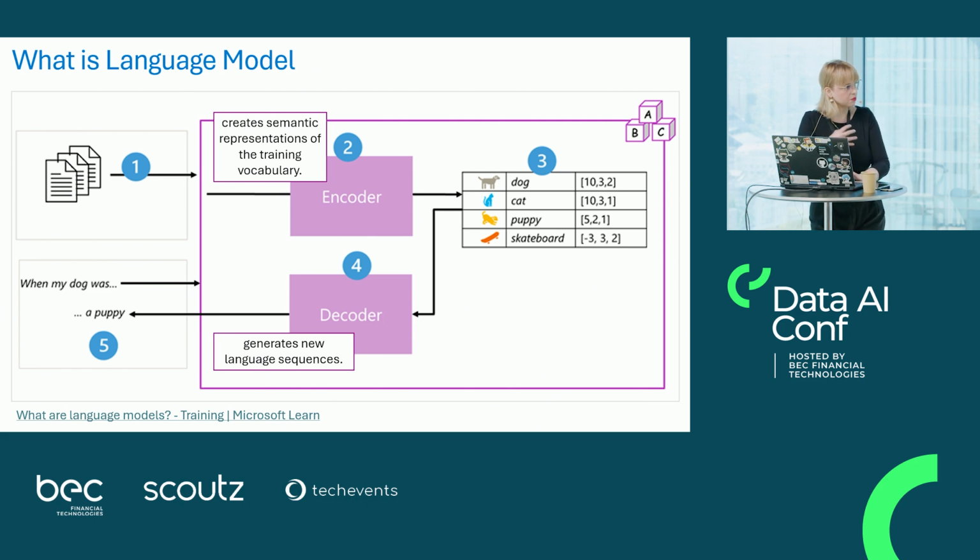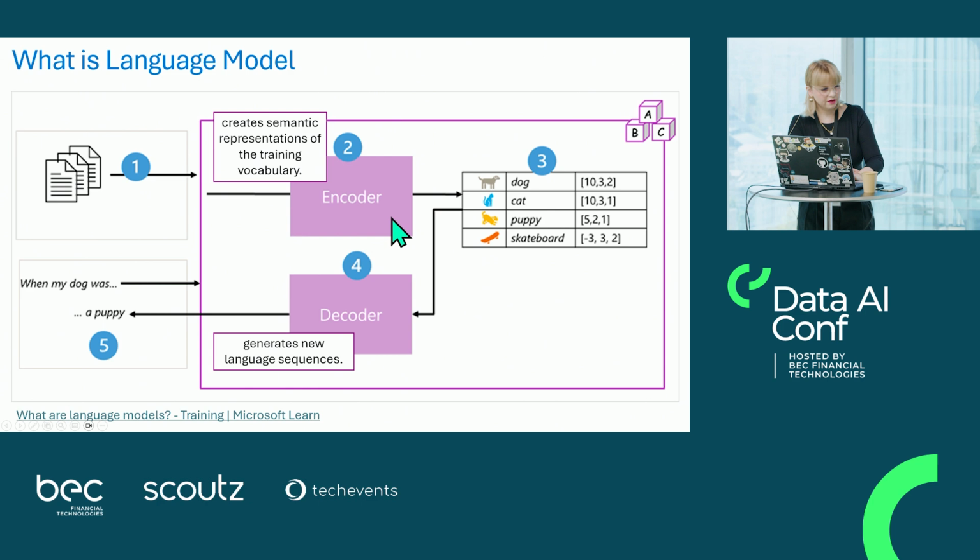If we would like to make it a little bit easier, the most important parts of this language model are: at the beginning we have data, and then something called an encoder. What this encoder is doing is creating semantic representations of the training vocabulary.